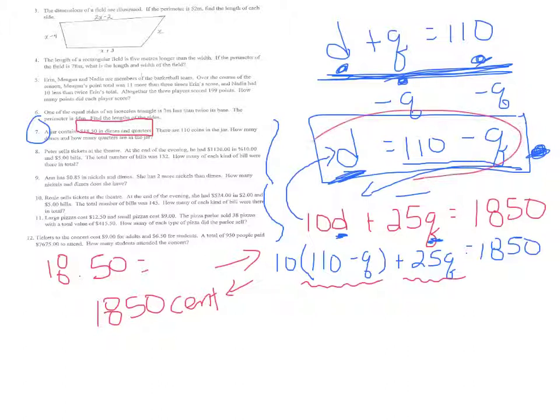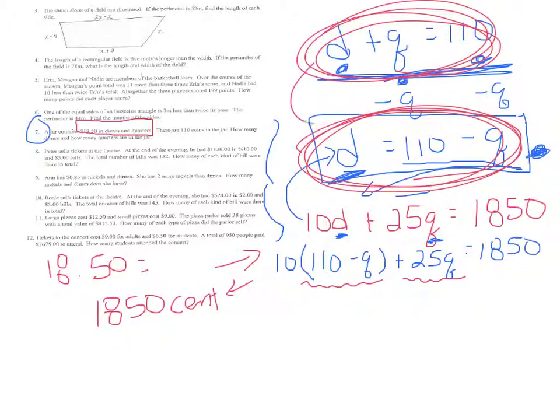The whole crux of this whole problem is being able to do that part there. I want to use the initial statement to convert to just 1 variable. So now I can get rid of the D. We'll work on that a little bit more, but that's the whole idea of these problems.